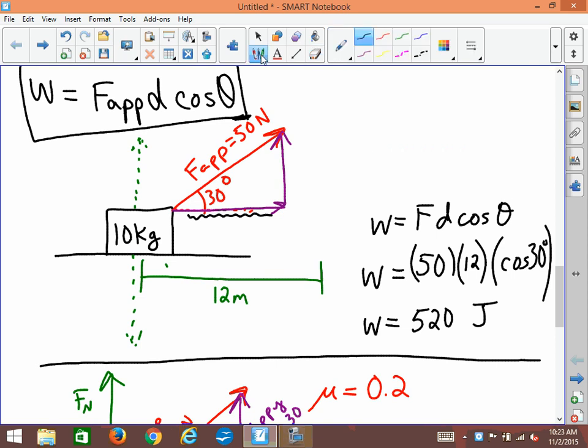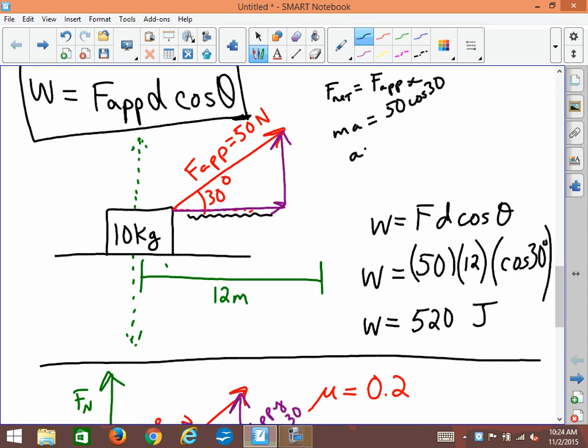Well, obviously it would be a little faster, we would hope, because there's no friction. And because there's no friction, it's very easy to do. F net x is just equal to F applied x. That's the only force involved. So ma equals F applied x, which is 50 times cos 30, which was 43.3.